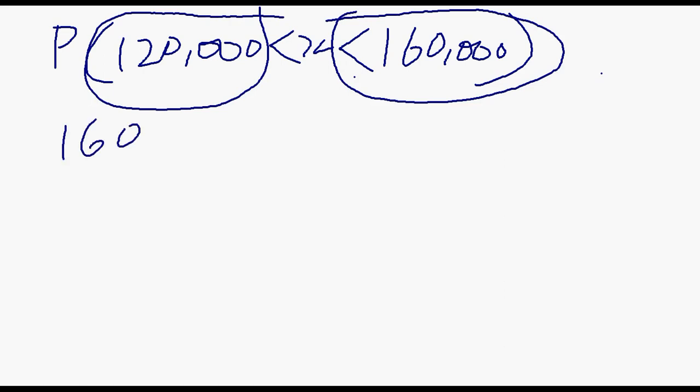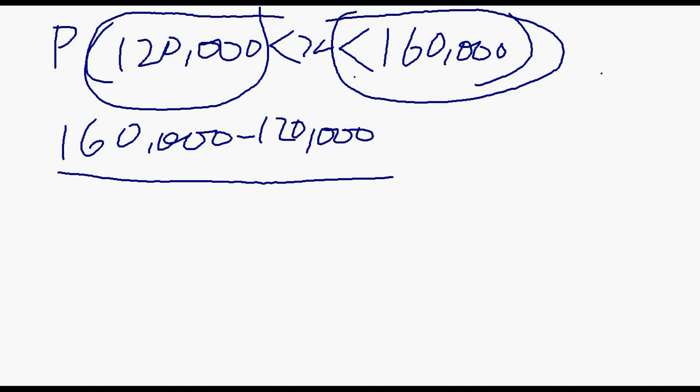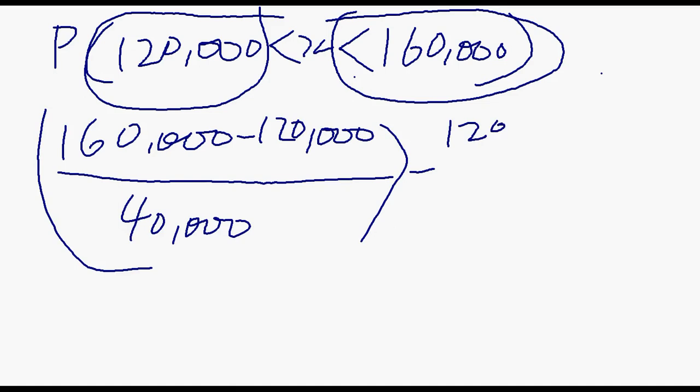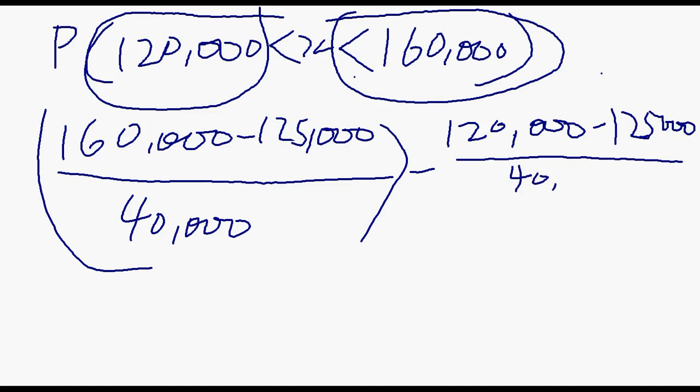So it will be 160,000 minus 120,000 all over the standard deviation, which is 40,000, and then minus, so this will be the bracket, minus 120,000 minus 125,000 all over 40,000.